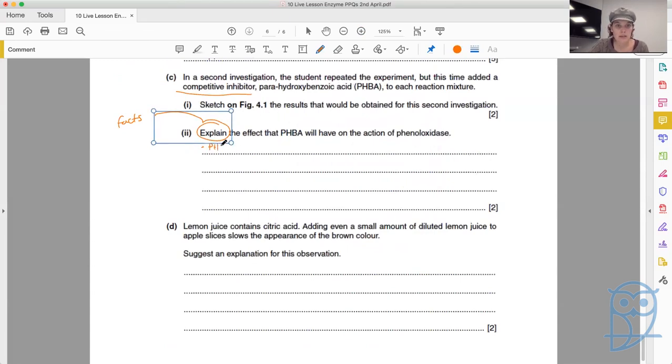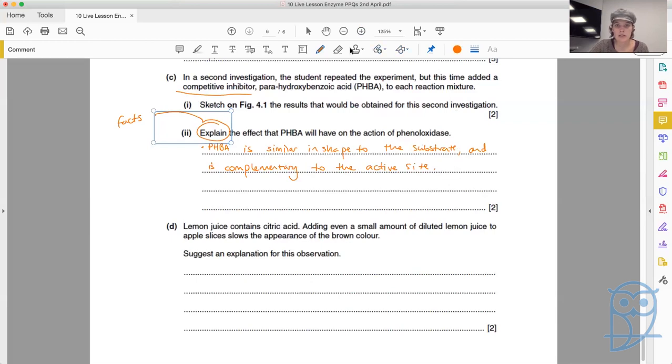So PHBA is similar in shape to the substrate and is complementary to the active site.